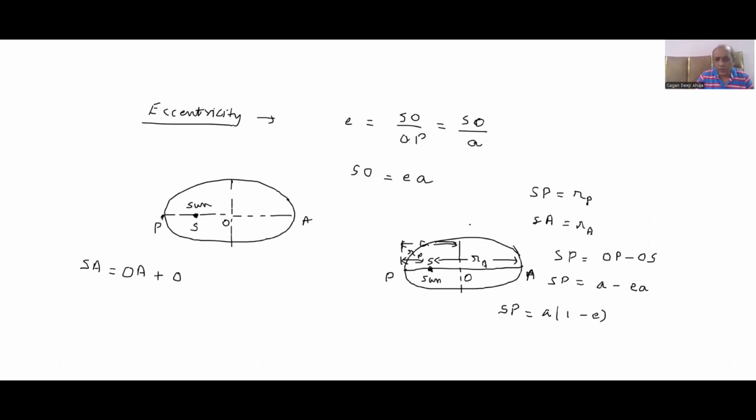Now, what is OA? OA again is semi-major axis, that is A, plus OS is EA, A plus EA. So if I take out A common from here, we have A into 1 plus E. So SA is equal to A(1 plus E) and SP is equal to A(1 minus E). These are the two important conclusions I have drawn from here.